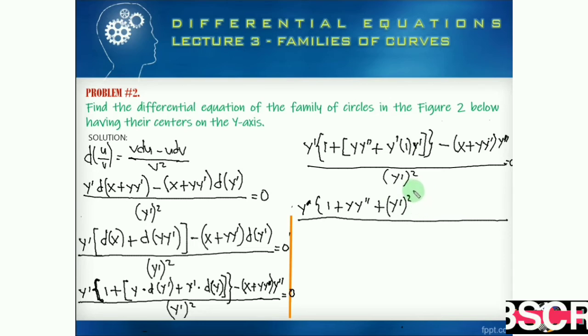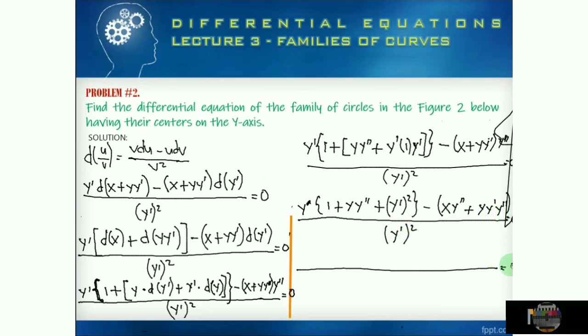Okay, so minus this, actually we can distribute this one here, so this would be x times the second derivative, so x y double prime, plus this y prime and y double prime, which is over y prime squared, equal now to 0. We just equate this one equal to 0.